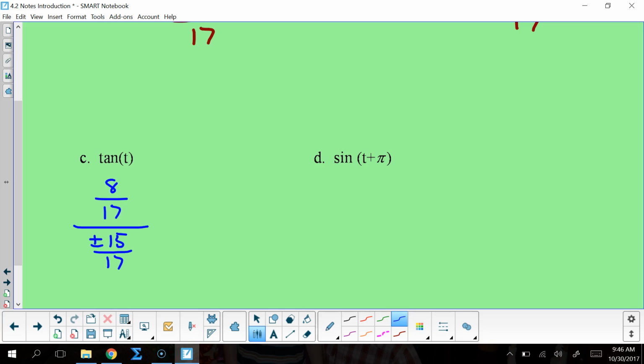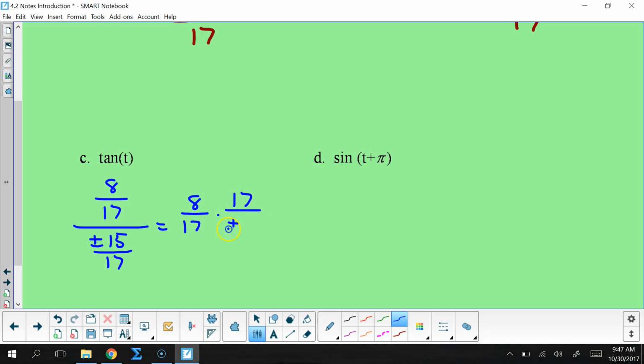So that's going to be 8 over 17 times 17 over plus or minus 15. So that's going to give me plus or minus 8 15ths. Again, depending upon which quadrant you're in, and since it didn't restrict what quadrant we're in, we have to give them both.